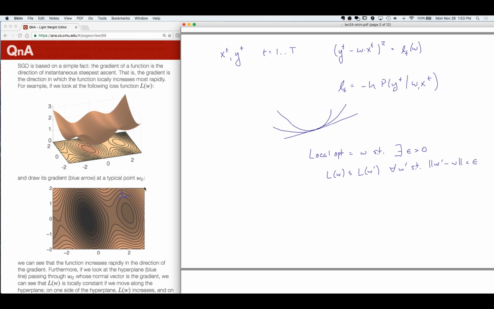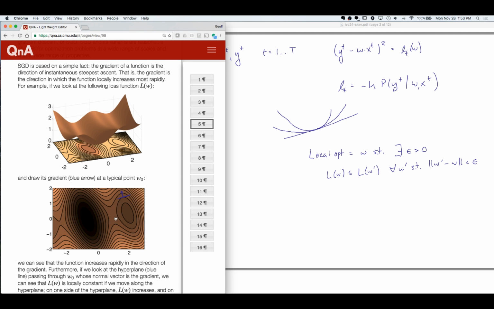All right, this is just the contour plot, right? I put a contour plot on the axes and then showed the loss function draped above it. But if you just show this contour plot and you pick a particular point, w, right there where the cursor is, and you draw its gradient as a vector, that's the blue arrow, right?